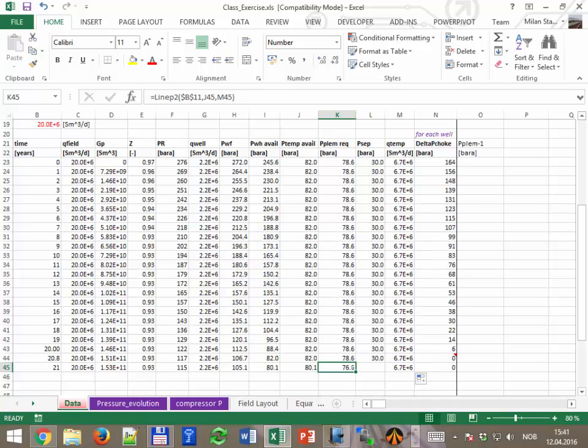P plem available, and then I have to calculate P plem required, right? So let's put here one more column that is going to be P plem required in bar. Let's do it the same way.